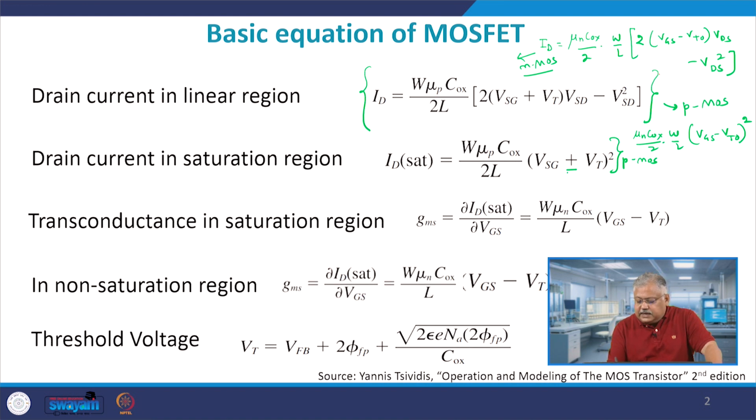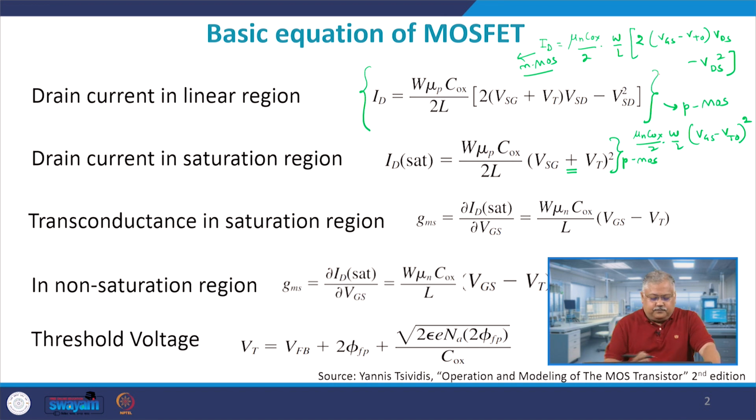And why is it plus sign? You need to understand why, because it is a PMOS. PMOS has got a negative threshold voltage, remember, and therefore minus of minus will become positive. And why are we writing SG, not GS? Because it is PMOS, with source with respect to gate we are writing. If you take gate with respect to source, it will be a negative voltage. Source with respect to gate will be a positive voltage.